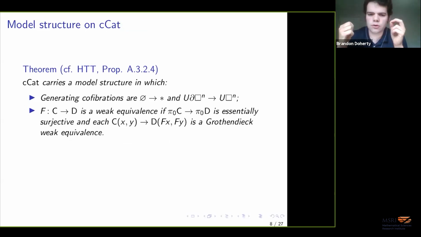Right, so we want to show that this functor C is a left Quillen functor. In order to do that, we need to know what the model structure is on the category of cubical categories.